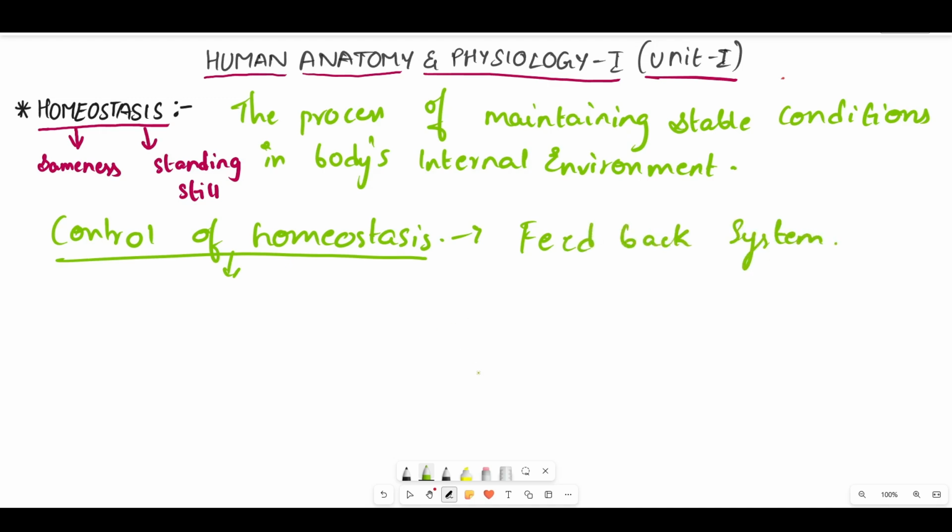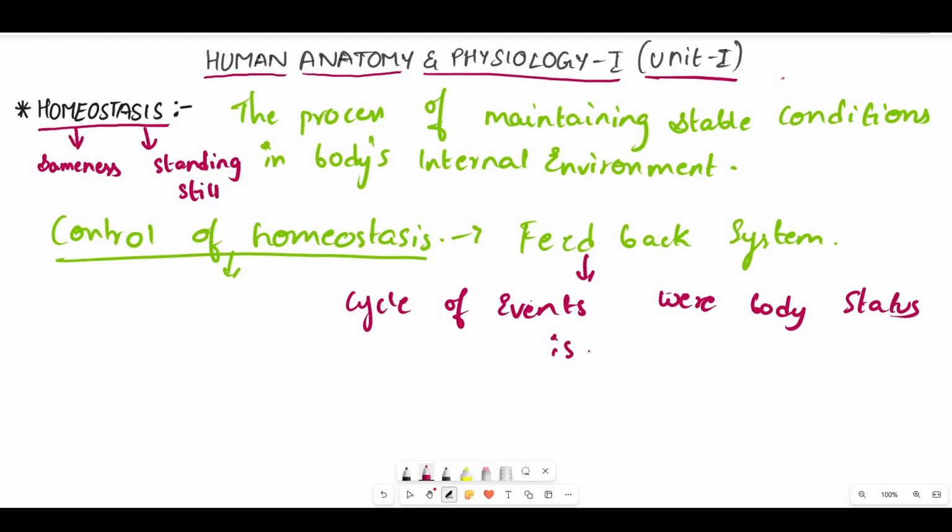Feedback system is necessary to get homeostasis back to normal. So what is a feedback system? A cycle of events where the body status is monitored.